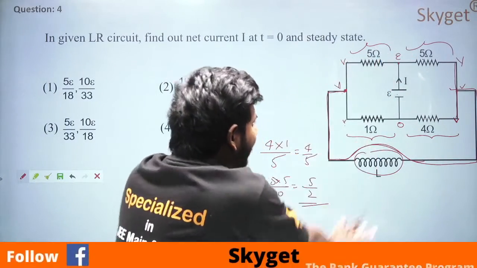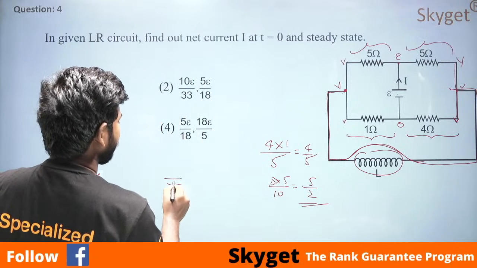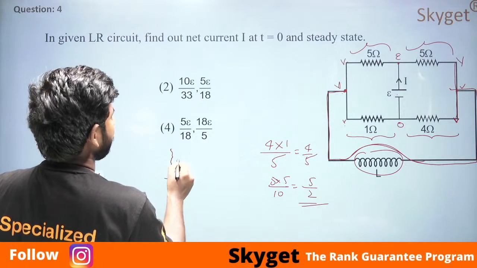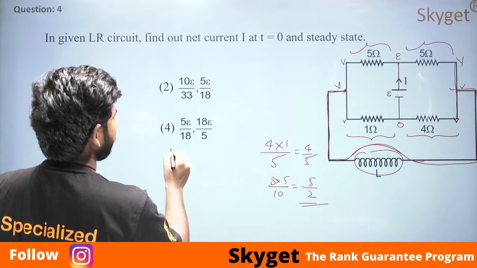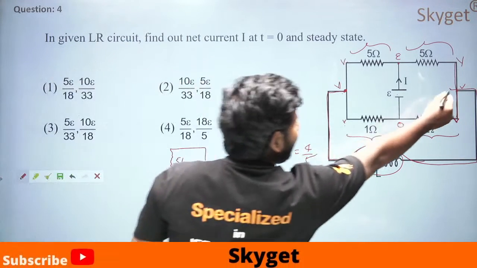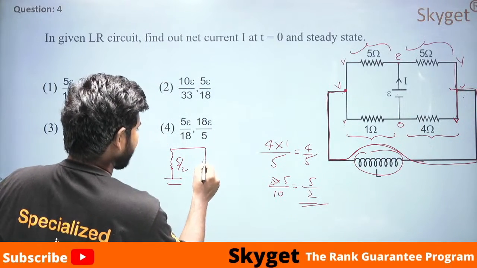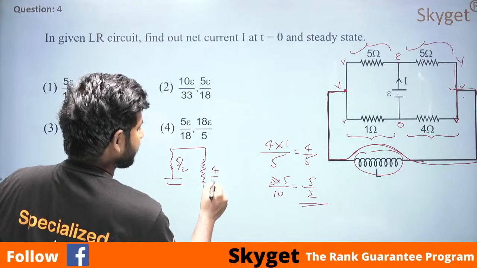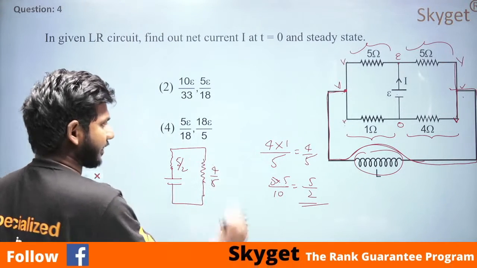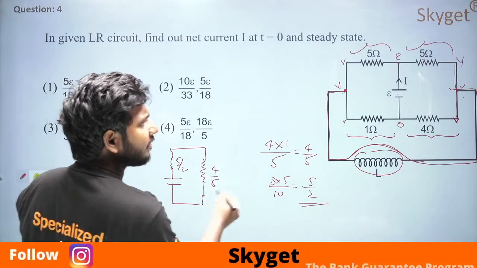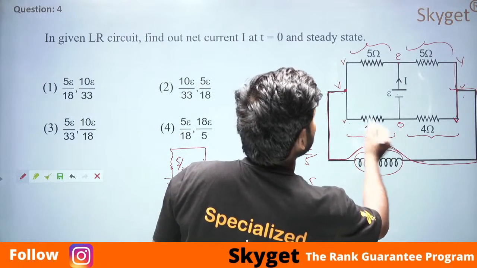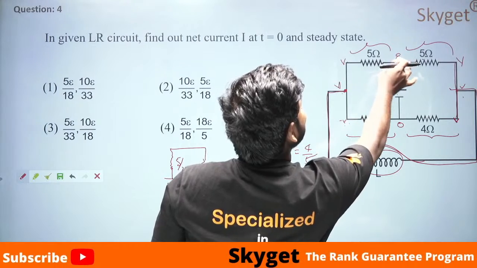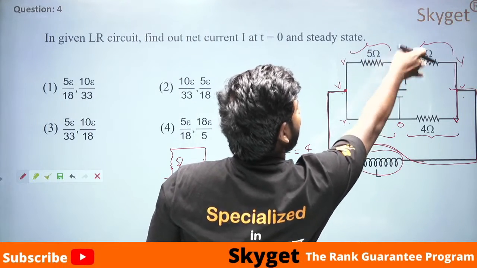Now if I try to redraw the circuit, this will be 5 by 2. Then for V, they are connected like this: this is 4 by 5, and it is connected here, because 4 by 5 is effectively between V and 0, but between V and E it is 5 by 2.